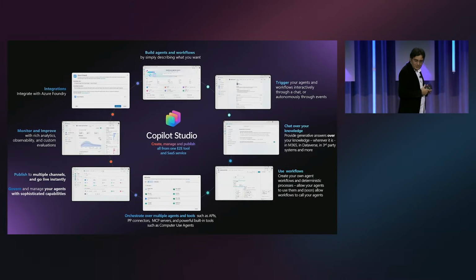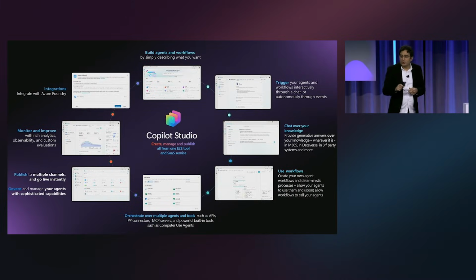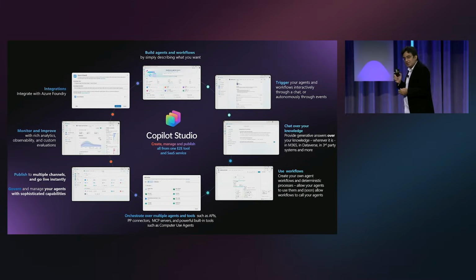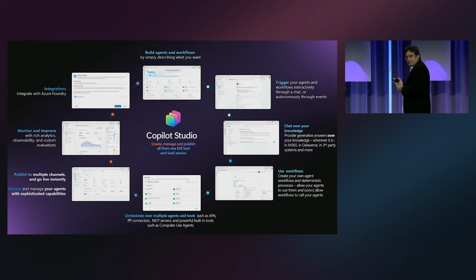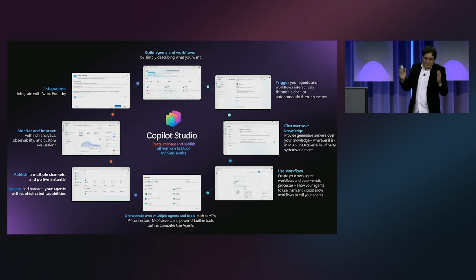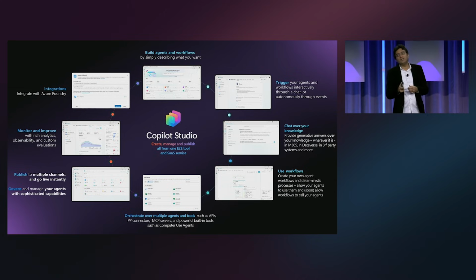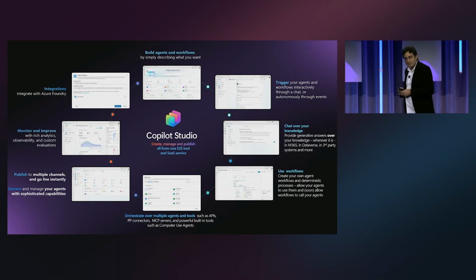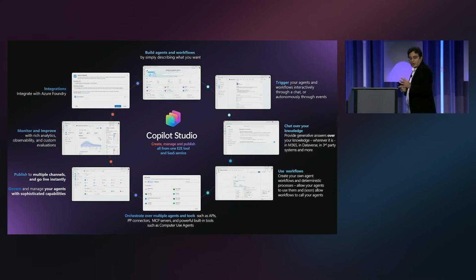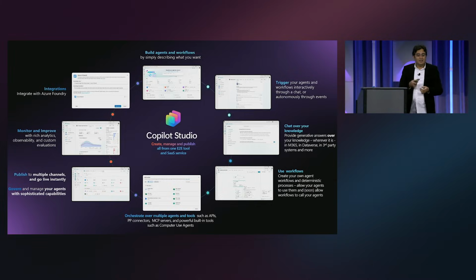Or you can just use Copilot Studio, which does all of these things and more. It's your single end-to-end SaaS tool for building, managing, evaluating, governing agents, and that's why so many of our customers use it today. And as a brief reminder of what Copilot Studio does, let's look at this video.